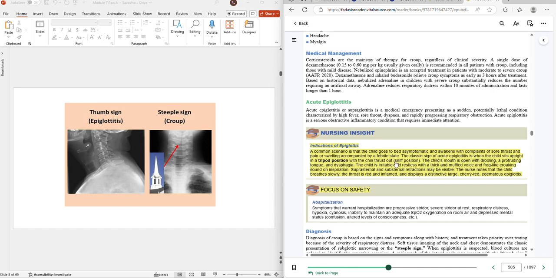But classic sign is that tripod position, Wink and Lollipop, okay? Then they're going to have like a frog-like, croaking sound on inspiration. They may have some drooling even. So the drooling and the frog-like croaking sound here. Very important to know.